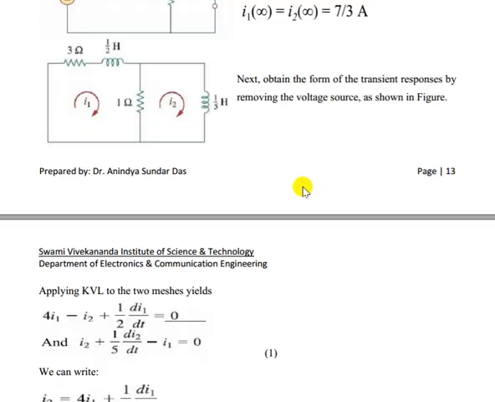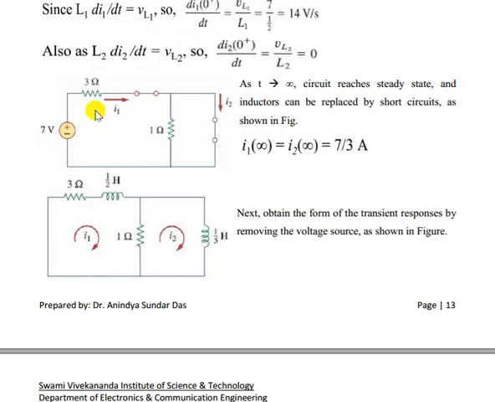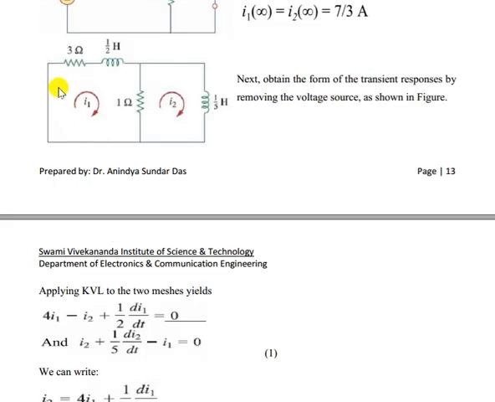Now we have to obtain the transient response by removing the voltage source. If you remove this voltage source, you have to write the KVL equation. Then for the first loop, the current will be (3 plus 4) I1, that is 4 I1, minus 1 I2, plus L di1/dt, that is half di1/dt.